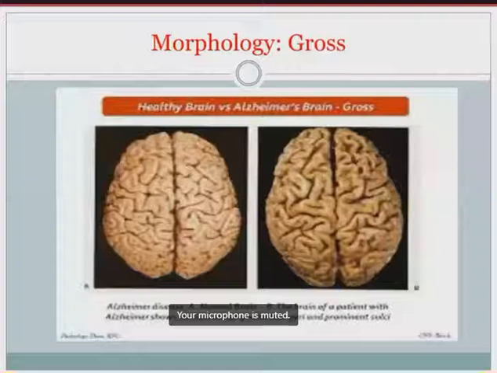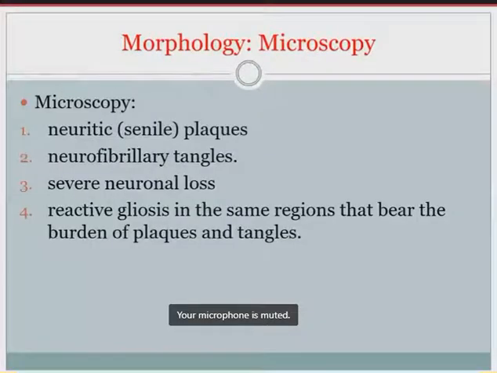In microscopy or in histology, you'll see the presence of neuritic or senile plaques. So these are the two things that you shouldn't forget. On histology, you see the neuritic plaques. One is the plaque, other is neurofibrillary tangles. And along with that, I have said that in degenerative disease, you have neuronal loss.